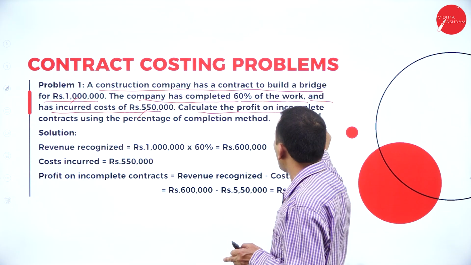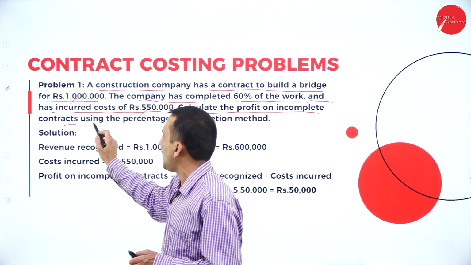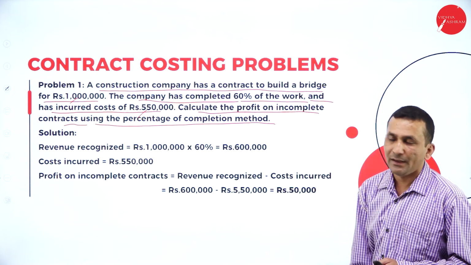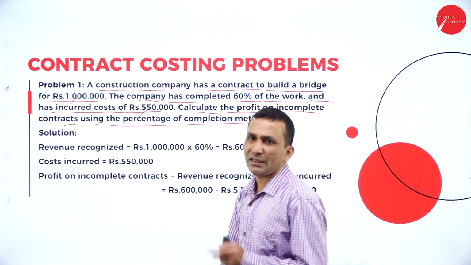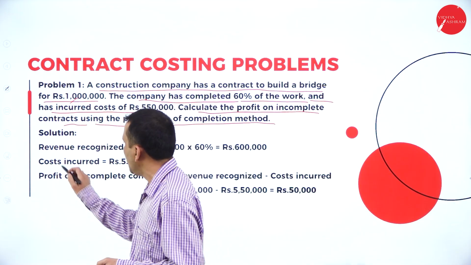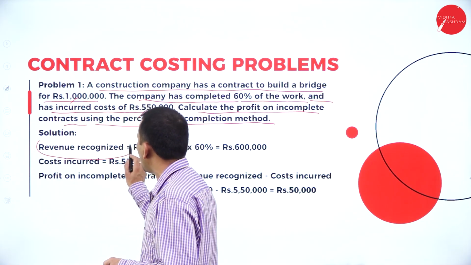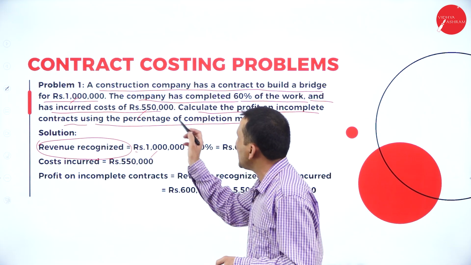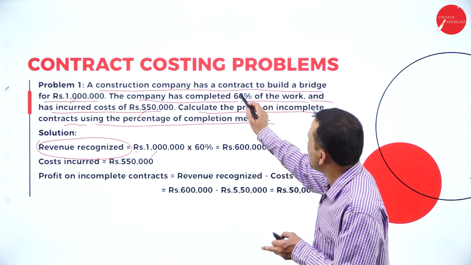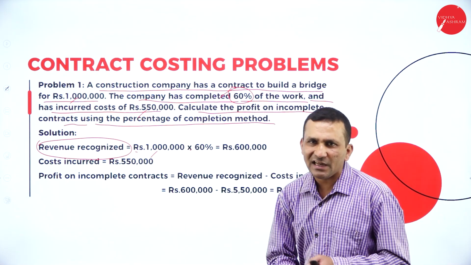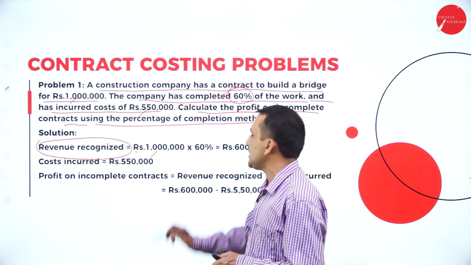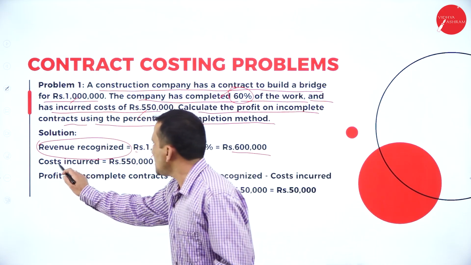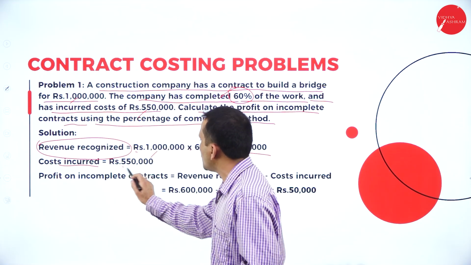Calculate the profit on the incomplete contract using the percentage of completion method. There are two methods. Here you need to recognize the revenue: the total 10 lakhs into 60%, which is clearly specified here. 10 lakh into 60%, you are getting 6 lakh, and cost incurred is 5,50,000.